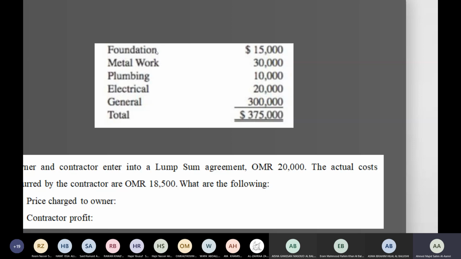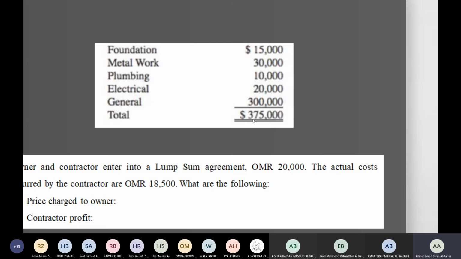For example, here you have foundation, metalwork, plumbing, electrical, general. So the total amount is going to be 375, and this is going to be the contract value. Once again, lump sum means you are going to sum all the costs together.